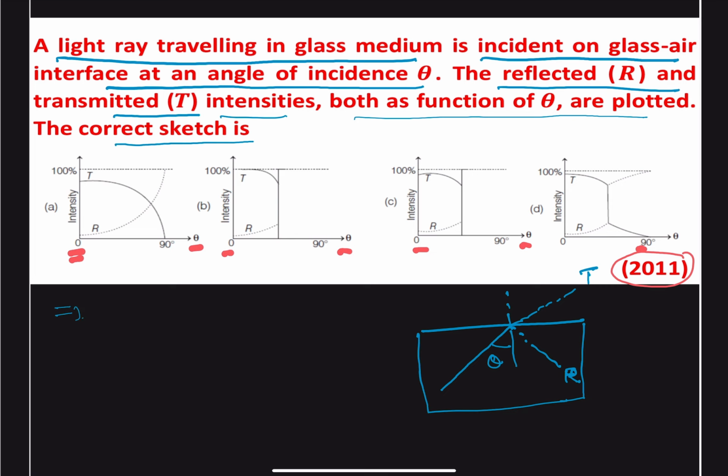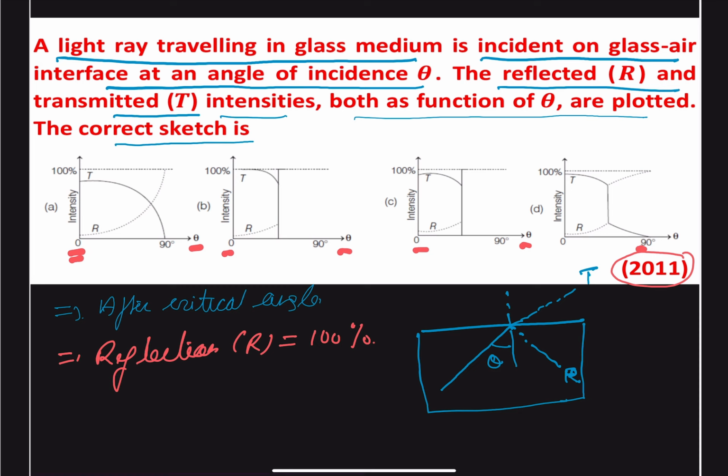You can say that after the critical angle, reflection, that is R, will be 100%, and transmission, that is our T, will be equal to 0.